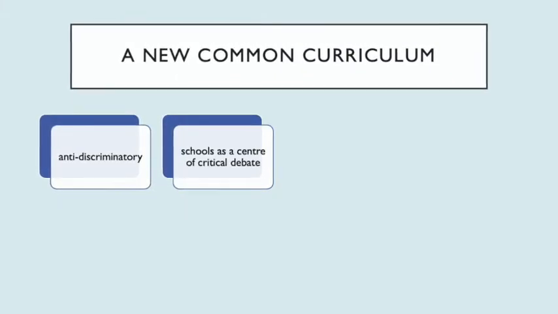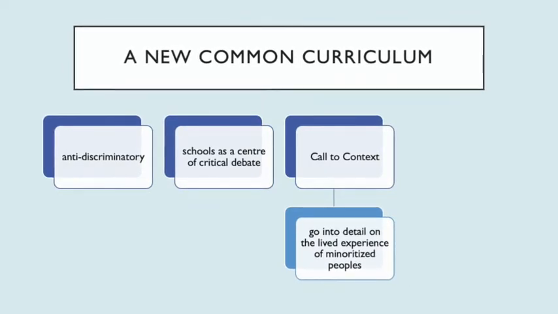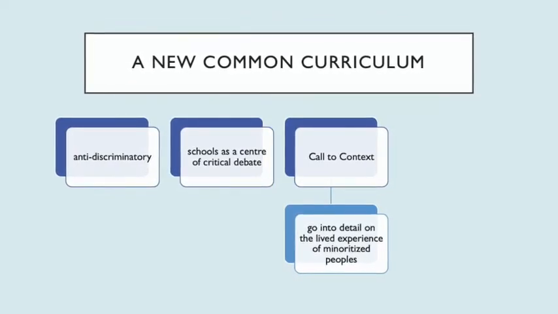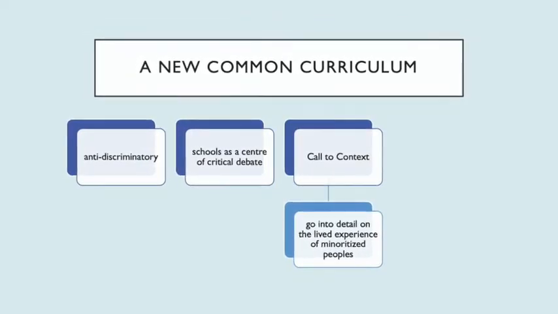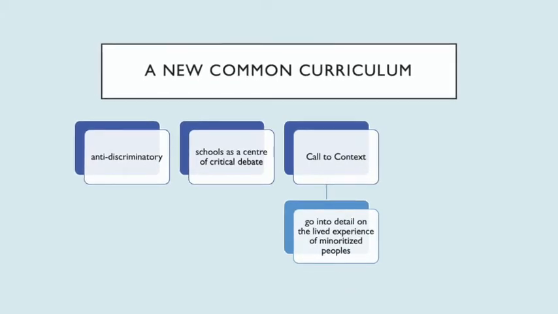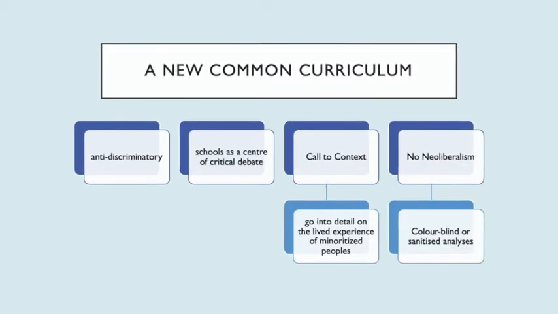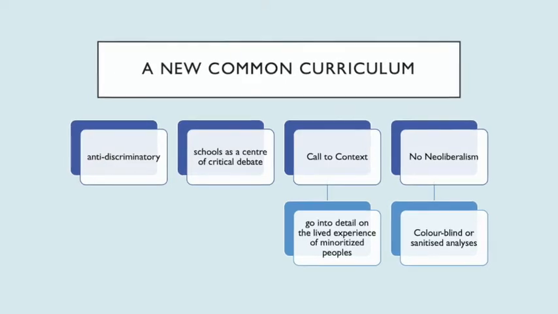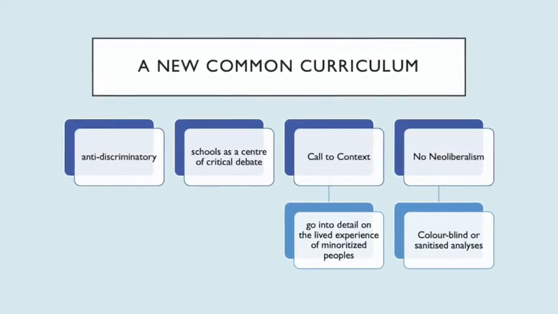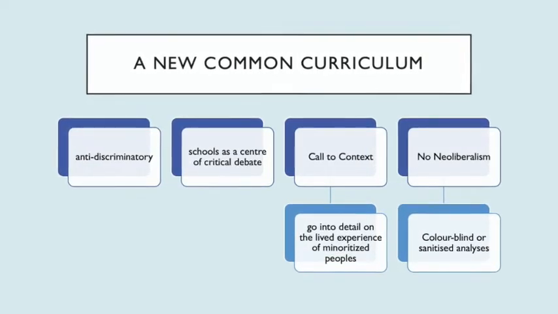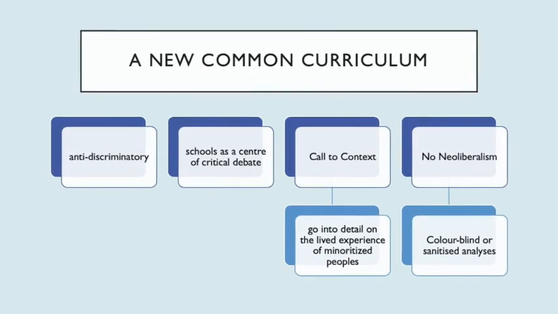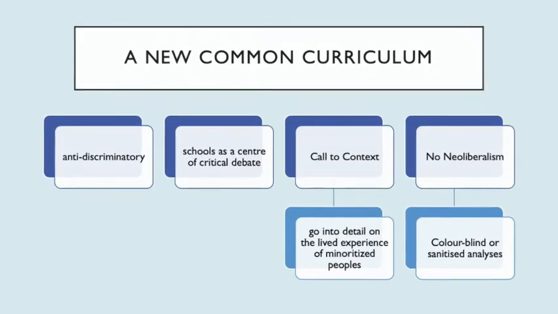It will show the importance of the call to context by going into detail on the lived experiences of minoritised peoples as a defence against colourblind and sanitised analyses generated by neoliberal discourses. So all pupils will recognise that people from different social locations have different understandings and perspectives.